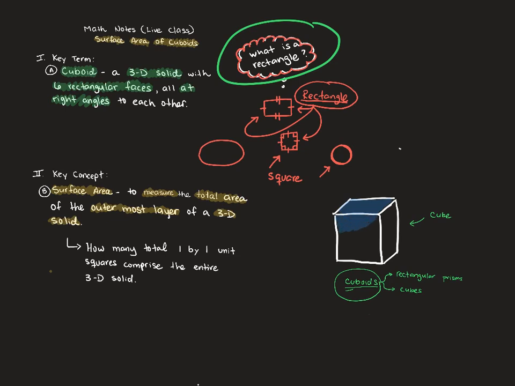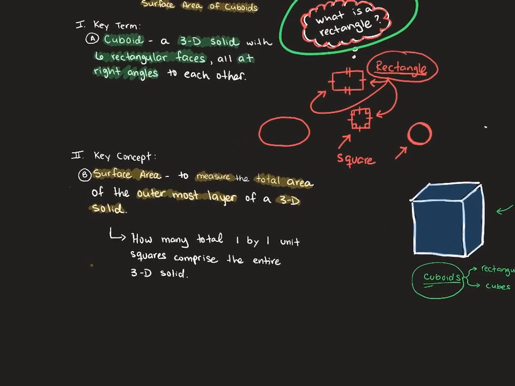that you add on the surface all around a 3D solid. Okay? So if I take this cube and I paint only the outer layer, all that area that I fill in on all of the faces of all the sides, right? The faces, that right there is the surface area. So now we're measuring the full outside of something.